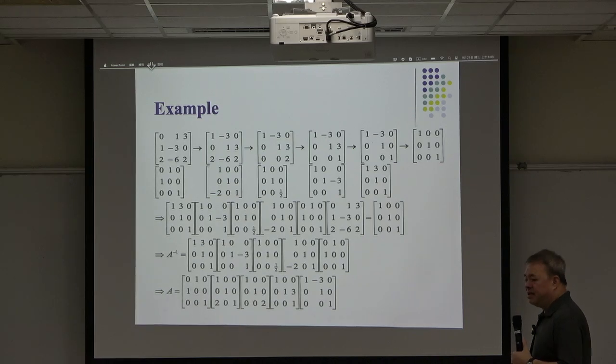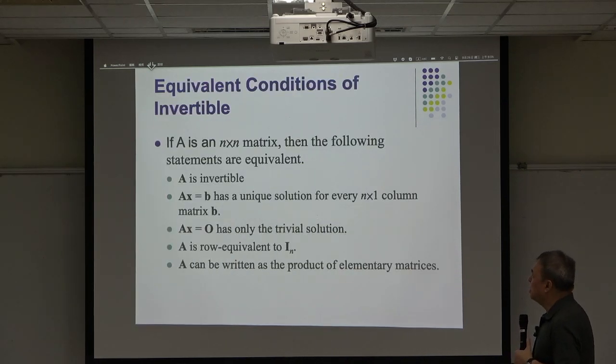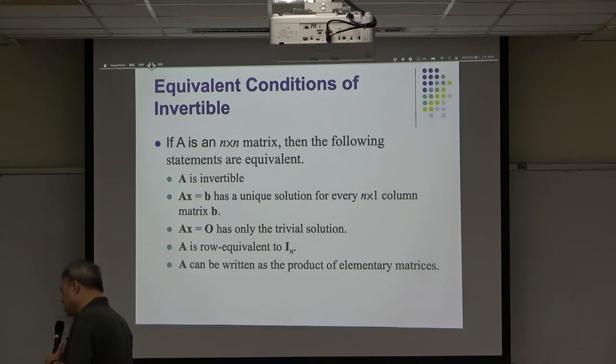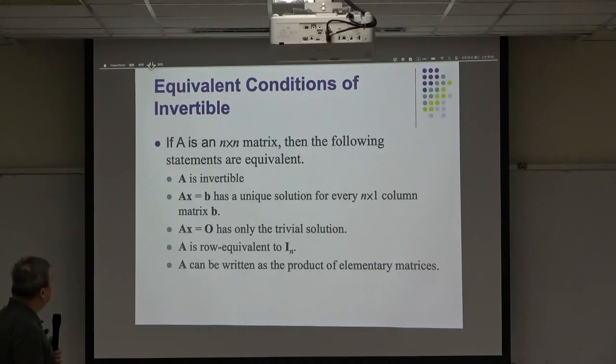I think we ended here last week, and we were about to talk about this equivalent condition, but I think we ran out of time. So here is the thing. If A is an n times n matrix, then the following statements are equivalent.